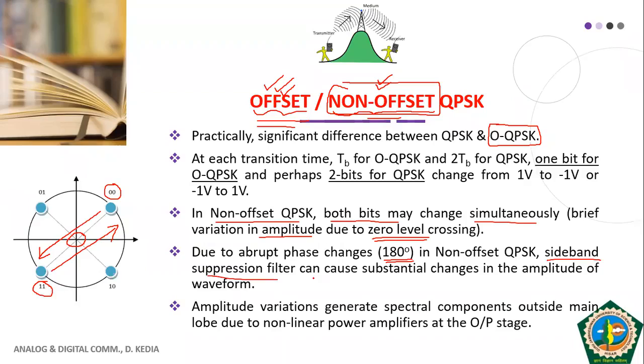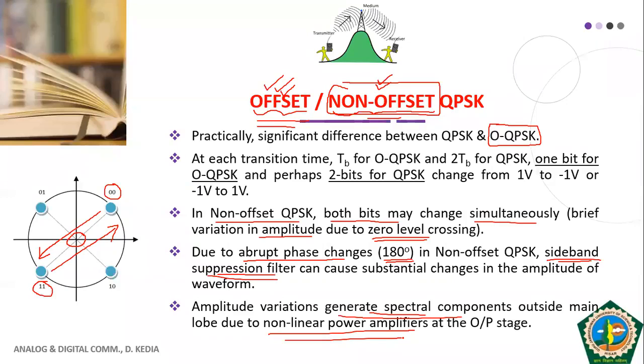So when we pass such an abrupt phase change signal through the sideband suppression filter, additional spectral components are generated. How come these additional spectral components are generated? All of us know that we have to use non-linear power amplifiers at the output of our transmitter.